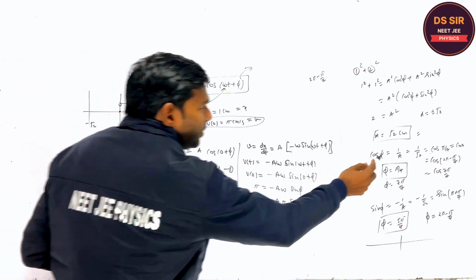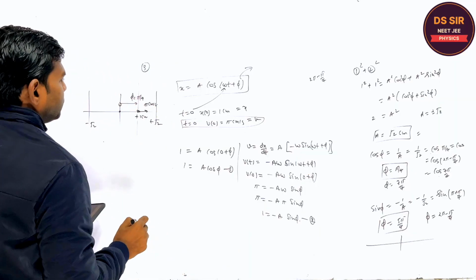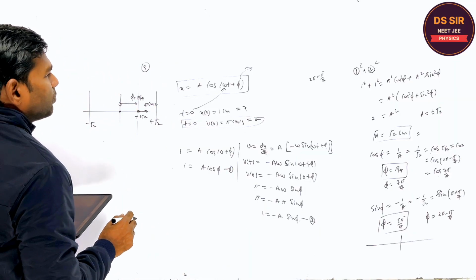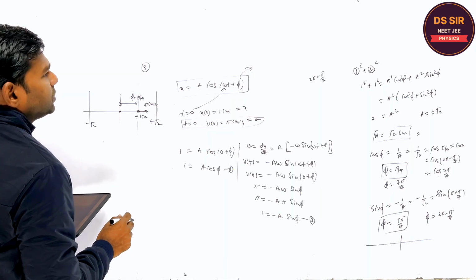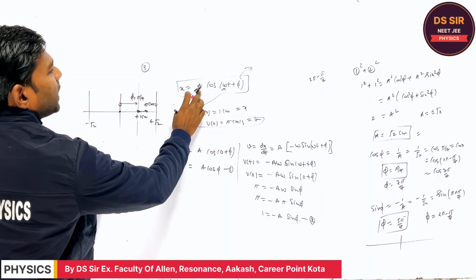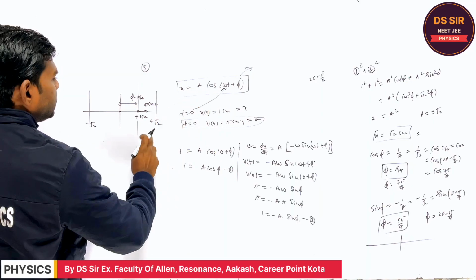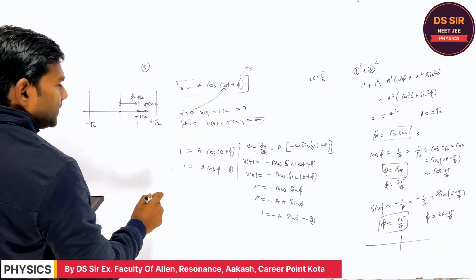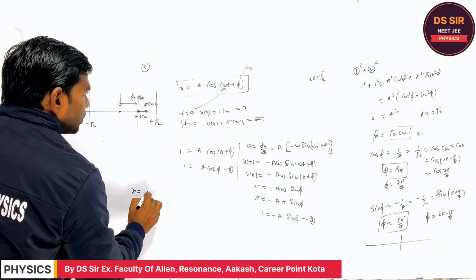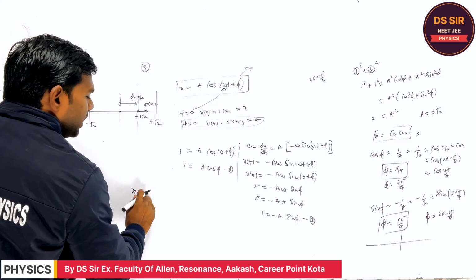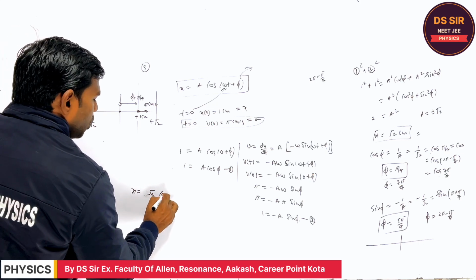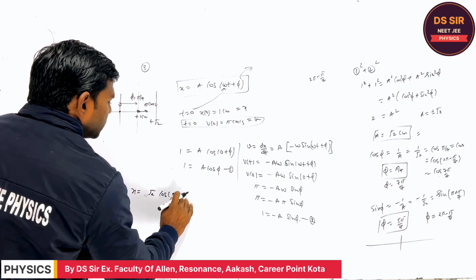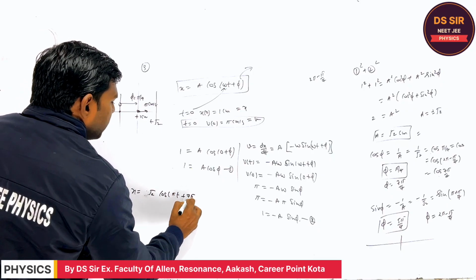So if 7 pi by 4 is given at t is equal to 0, what is the value of x? Listen, x is equal to a, what? Root 2 cos pi t plus, if I put, 7 pi by 4.